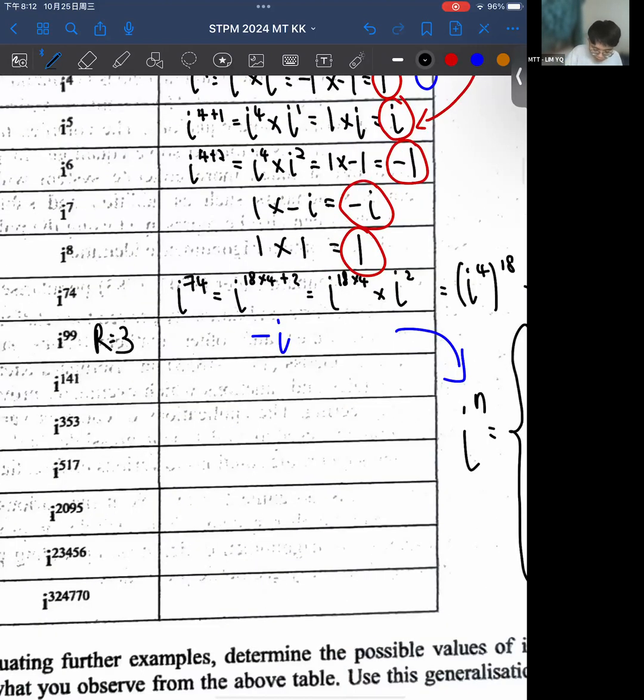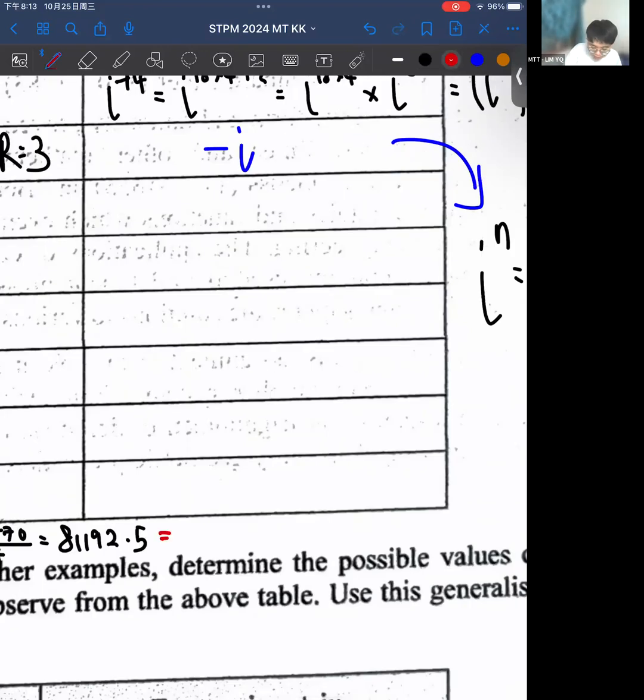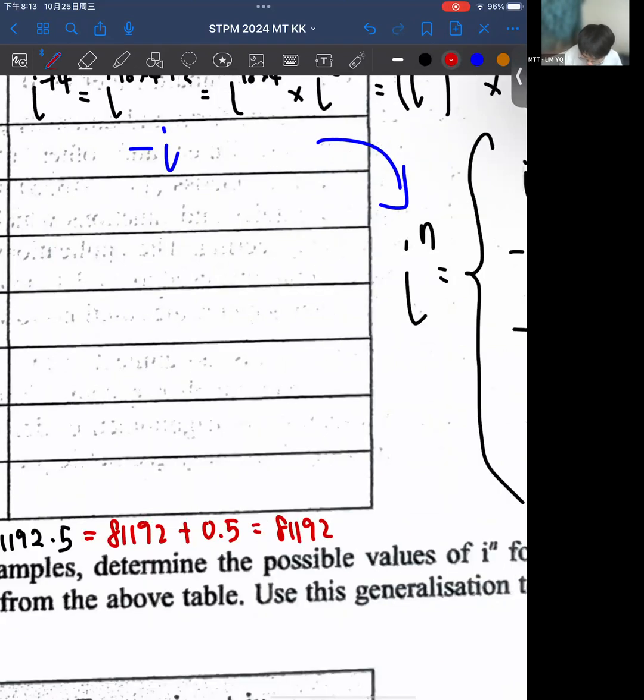Last one, a very big number. So this number divided by 4, what is the remainder? 324,770 divided by 4. I will show you why it is the remainder. Divide by 4, you get 1192.5, correct? So this 0.5, the decimal and the integer can be separated. 0.5 is 2 over 4.